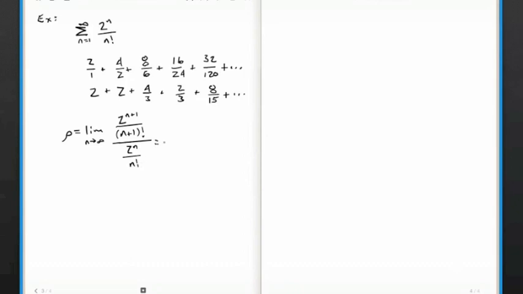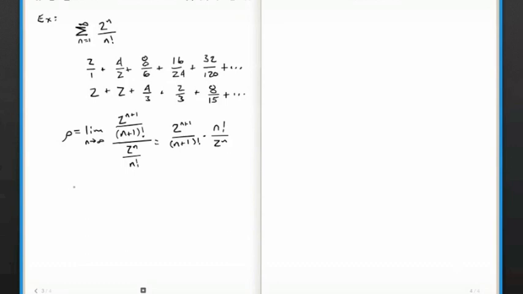Now we have to do a little algebra as usual. This becomes 2 to the n plus 1 over n plus 1 factorial, and we multiply that by n factorial over 2 to the n. Now, n plus 1 factorial, n factorial, 2 to the n plus 1.